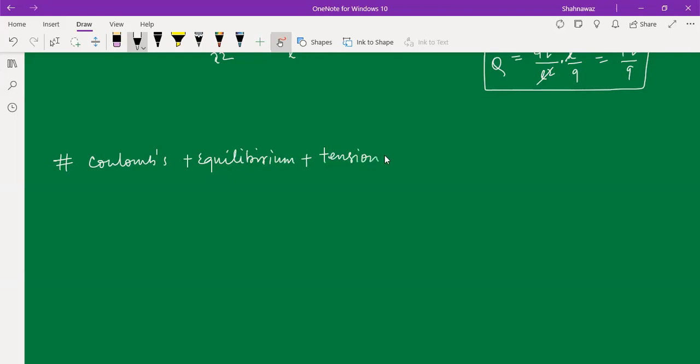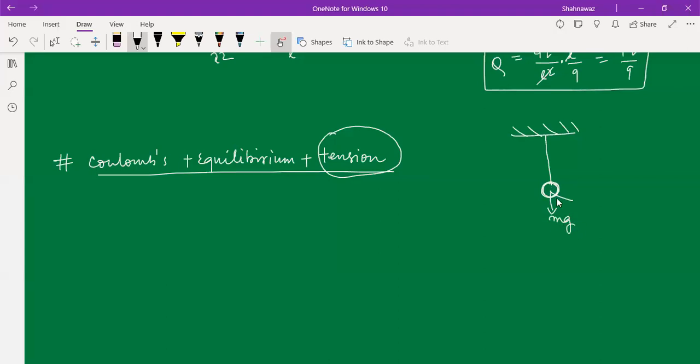So how do you do that? Let's say first, what is a tension? As you learned in your 11th class, if you hang something which has some mass with a string, this has some mass, so this will pull it downwards.